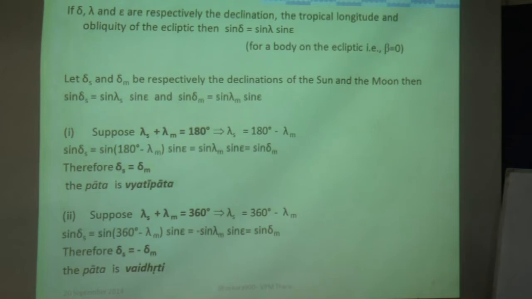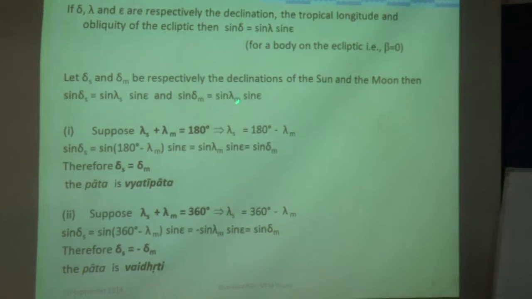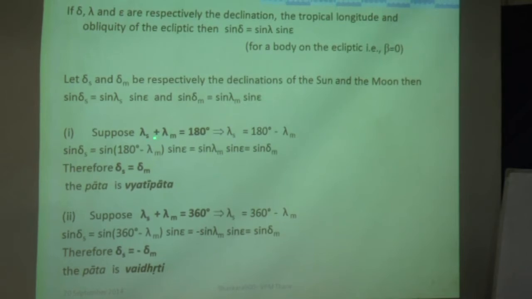Here I have done the same thing to show the Vyatipata and Vaidhriti, using the same formula. Delta S and delta M are the declinations of the sun and the moon. Sine delta S equals sine lambda S into sine epsilon, and sine delta M equals sine lambda M into sine epsilon.